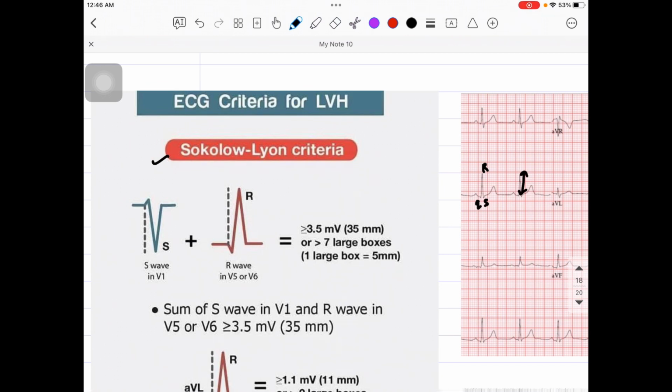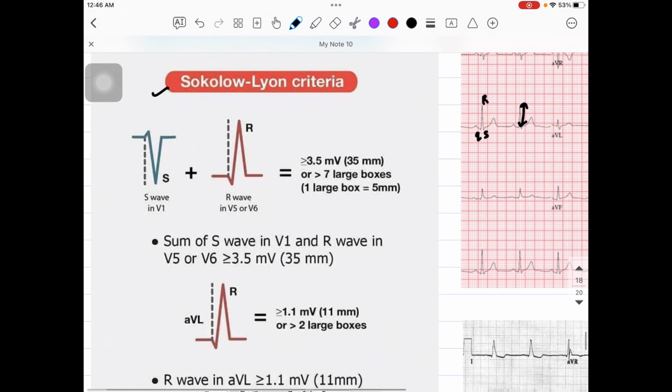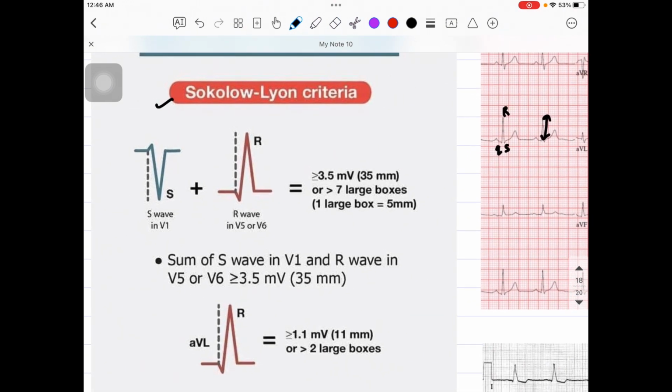According to the Sokolow-Lyon criteria, we find out whether the patient might have an ECG for LVH or not. It says that the S wave in V1, which we saw is much bigger than the R wave in the V1 lead, plus the R wave in V5 or V6, you have to count the number of small boxes.